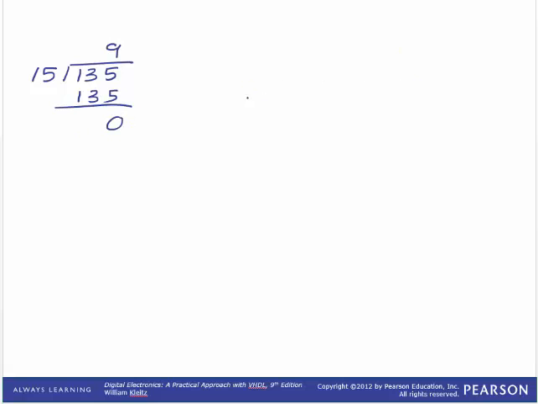So 15 is 1111, and it is being divided into 10000111. So 15 is being divided into 135.